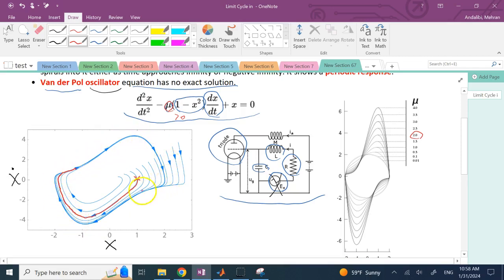that is a closed curve, and any closed curve in the phase space means a periodic response, okay, because it repeats itself. Then it falls onto this blue curve, and this blue curve just keeps going on forever. So I did not start on the blue curve in the beginning.